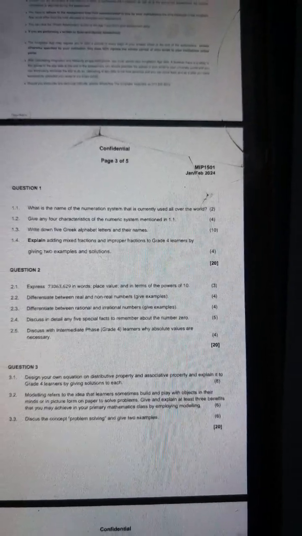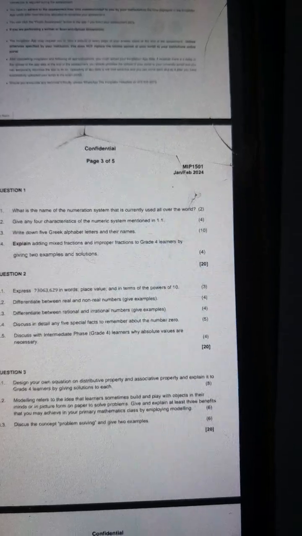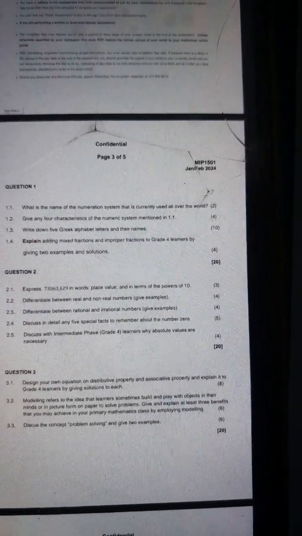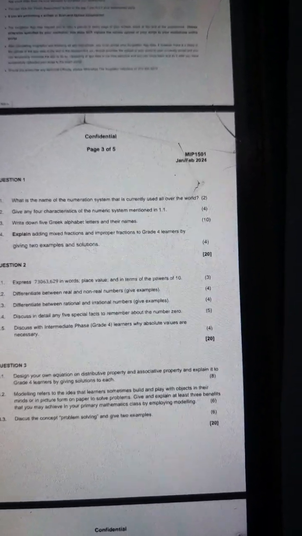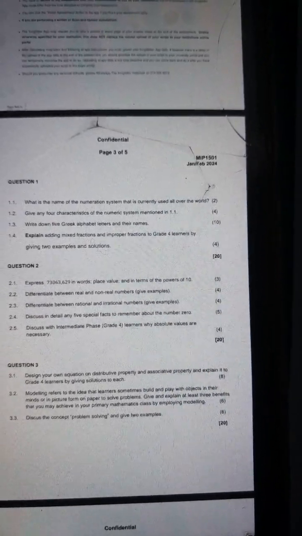Then 2, we can say it uses 10 digits, from 0 to 9. And the third one will be a place value system. When it comes to a place value system, it determines the position of a digit.